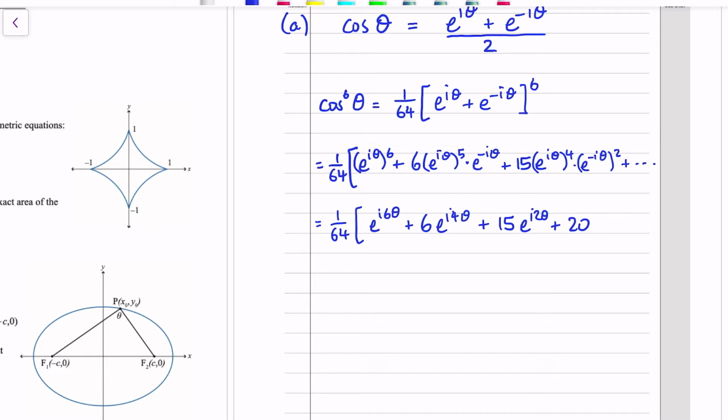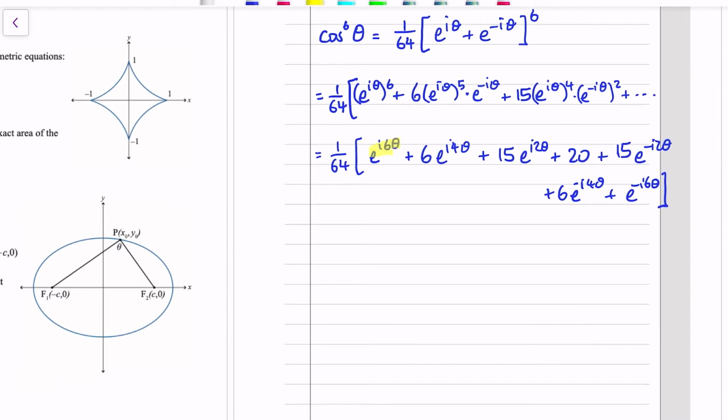And the middle term is 20 because we get a cubed for the first and a cubed for the second, so the e to the i thetas multiply to 1. And then we get 15 e to the minus i 2 theta, the powers are dropping by 2's. 6 e to the i times minus 4 theta. And e to the minus i 6 theta.